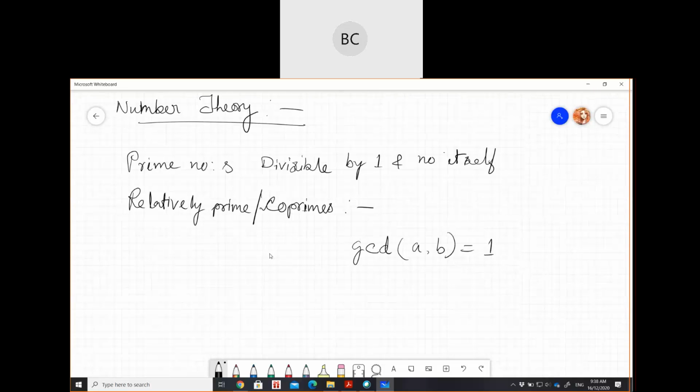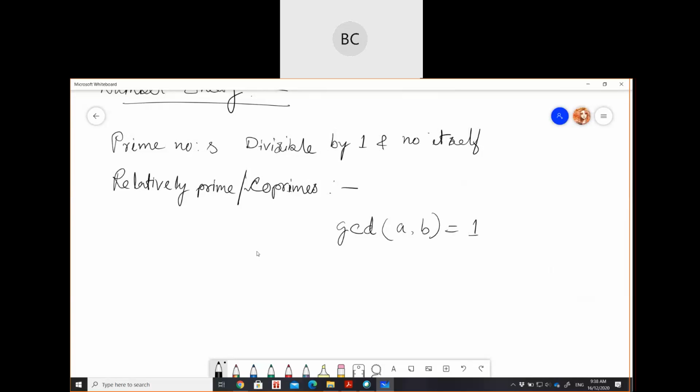So what can be a possible example of co-primes? Can you give me an example? There have to be two numbers. Co-primes should have at least two numbers, or it can be more than two. 6 and 10.